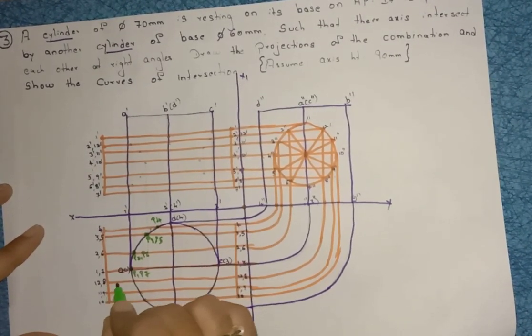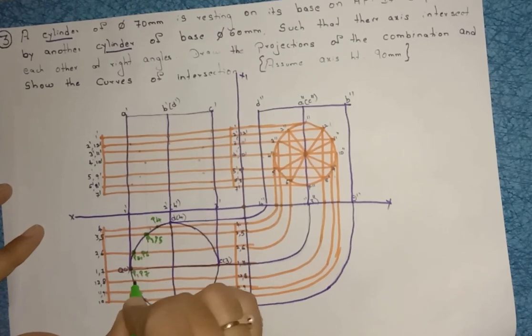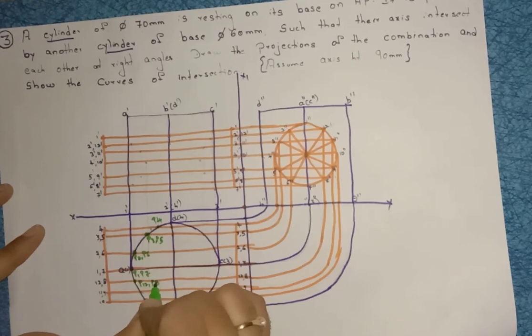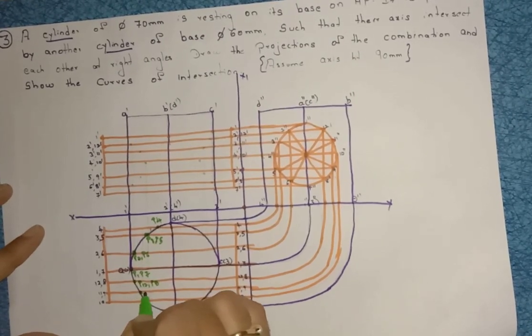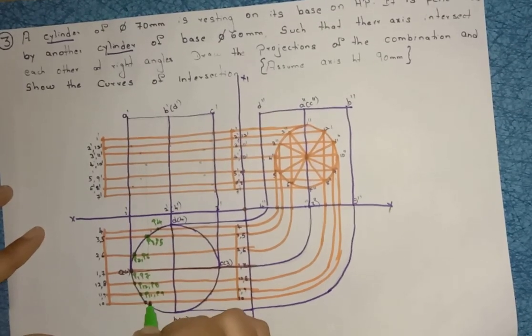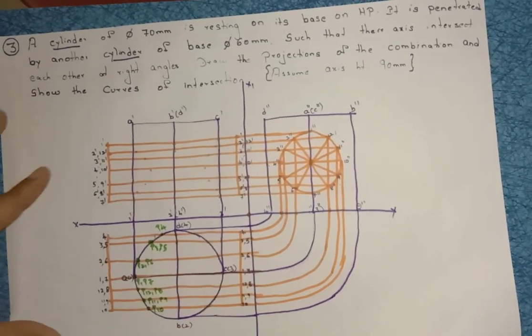Same, this is the axis height, this is the circle intersection point, name it as P12 comma P8. This is the axis height, circle intersection, write down P11 comma P9. Axis height, circle intersection, write down here P10, right?